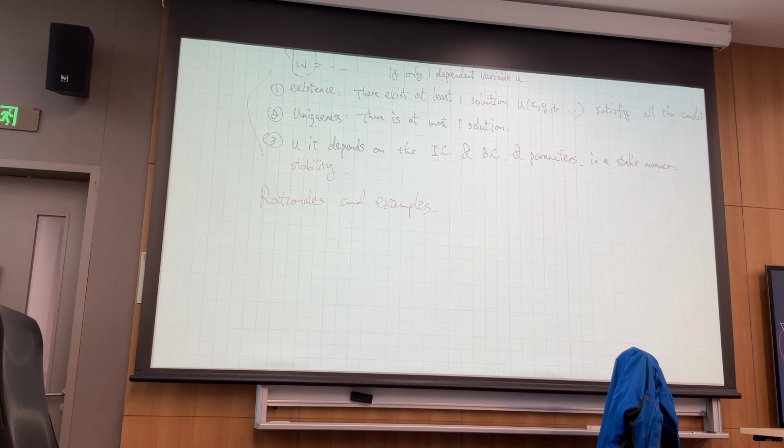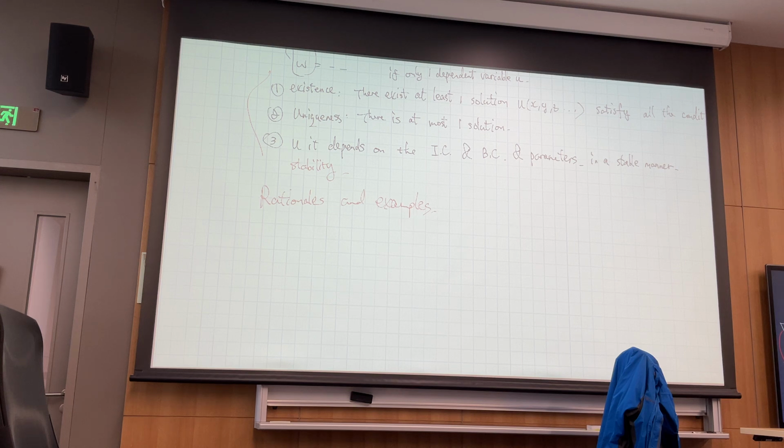But here we won't be able to do that, and this course is not intended for that. So we won't be able to rigorously prove anything for the robustness of any problems.